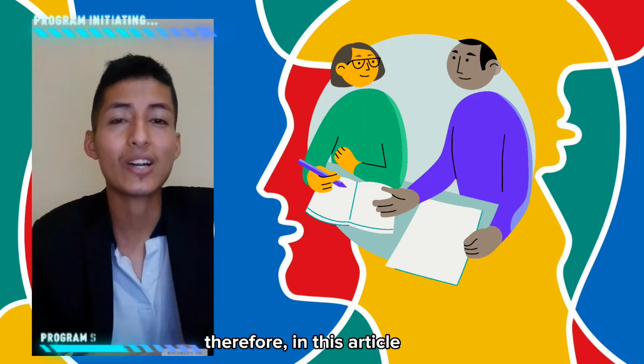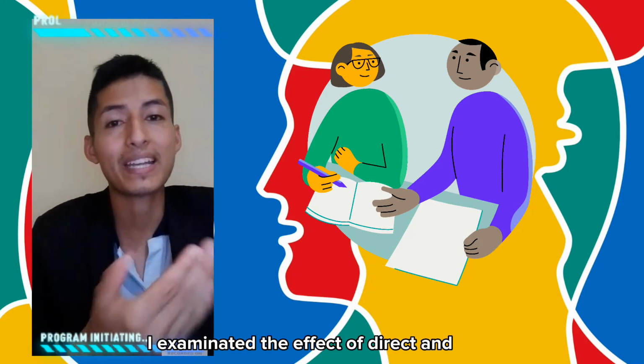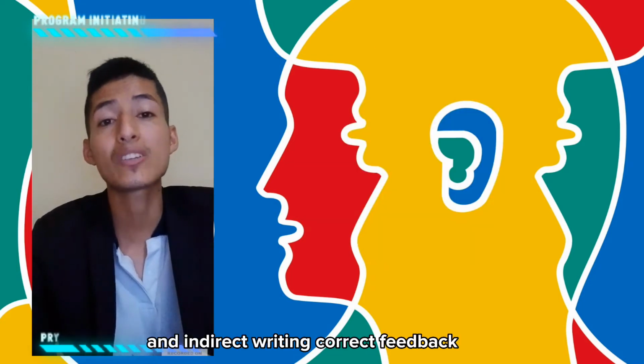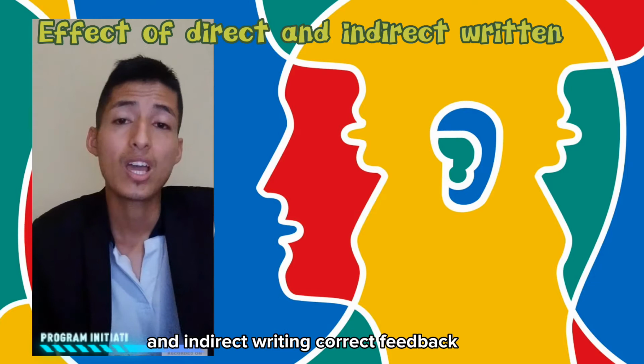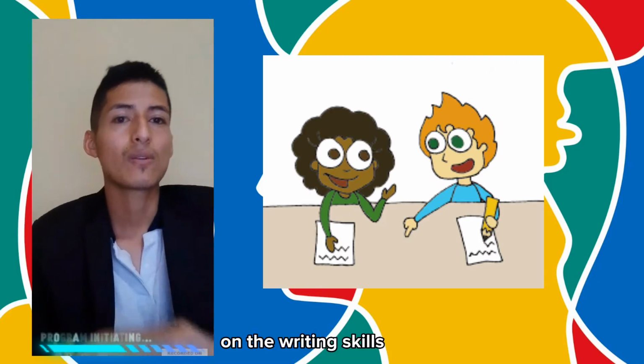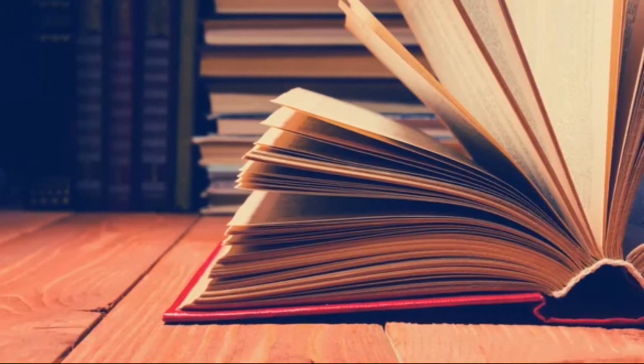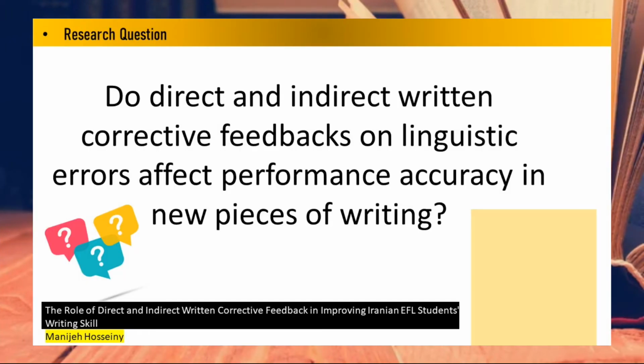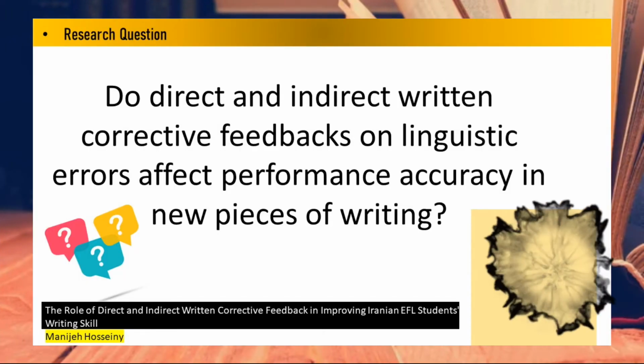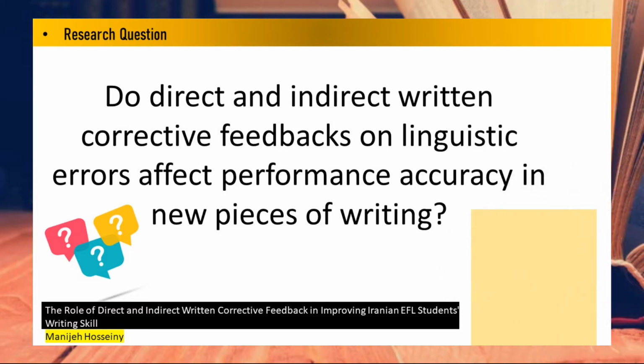Therefore, in this article, I examined the effect of direct and indirect written corrective feedback on the writing skills of second language learners. The research question was: do direct and indirect written corrective feedback on linguistic errors affect performance accuracy in new pieces of writing?